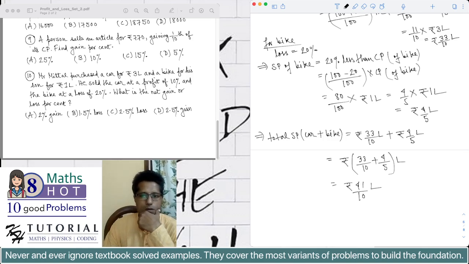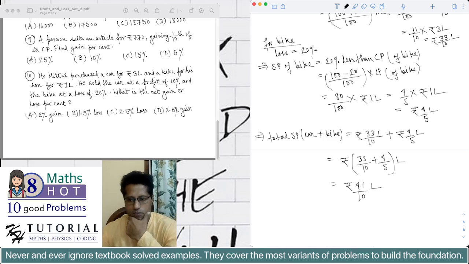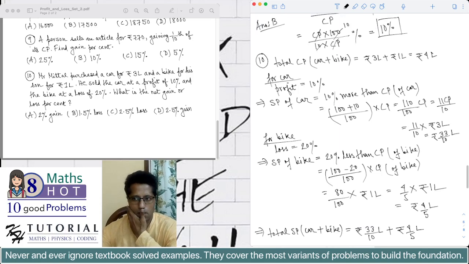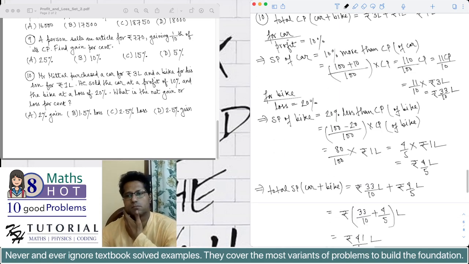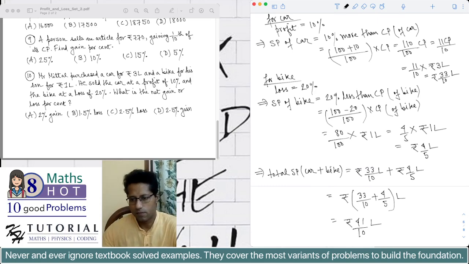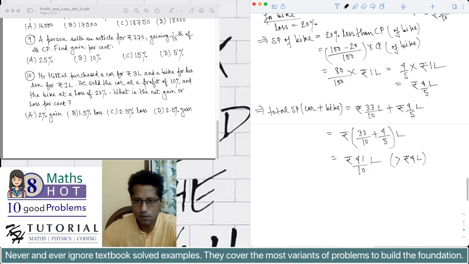Okay. This is the total selling price, 41 by 10 lakh, and the total cost price was 4 lakh. Now, definitely, this 41 by 10 lakh is greater than rupees 4 lakh, because 41 by 10 is greater than 4. So there is a profit. We can see that selling price is greater than CP.